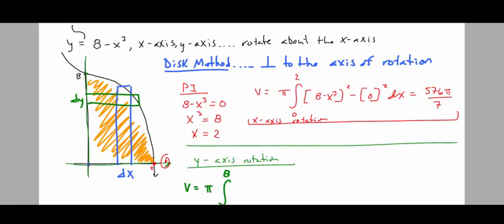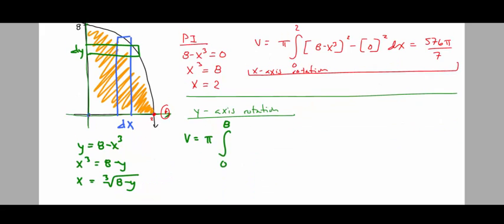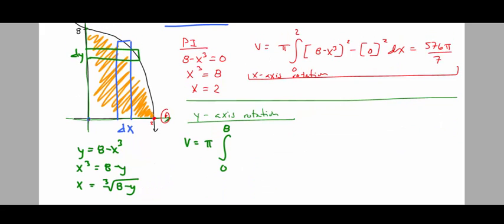Now what I have to be careful of here, if I have y equal 8 minus x cubed, I need everything in terms of y. So if we solve here for x cubed, I get 8 minus y, and then I take the cubic root of both sides, I get the cubic root of 8 minus y. So that's one way that we could look at this. Now as we're setting this up, we could also write this in exponential form.